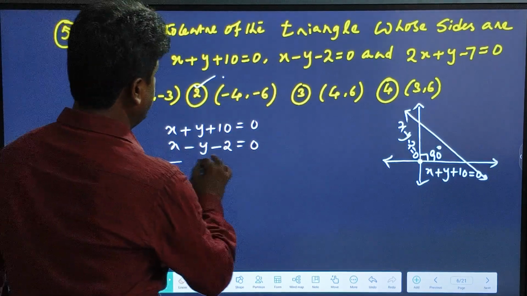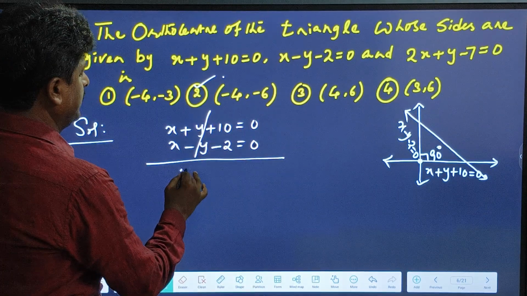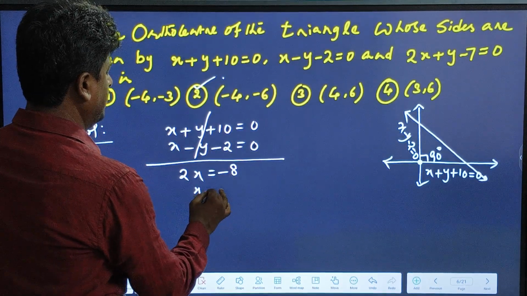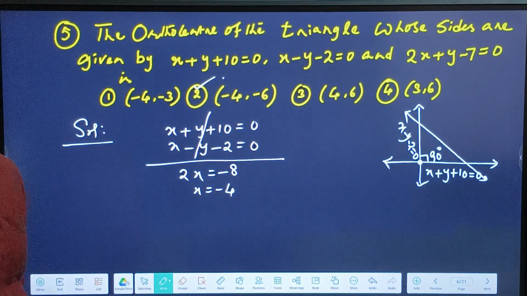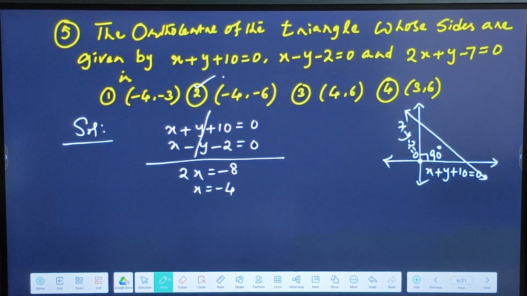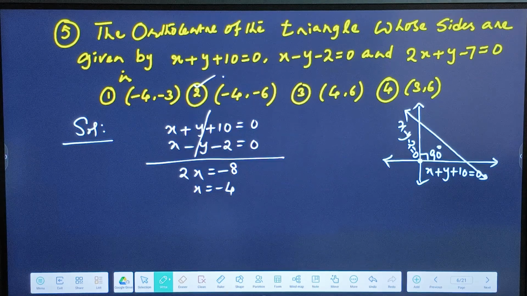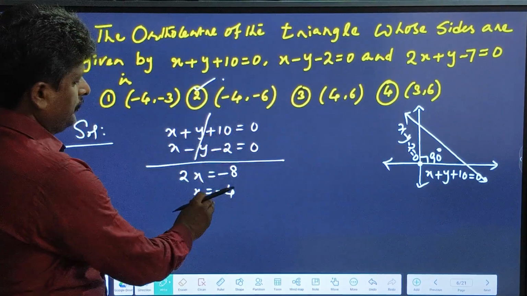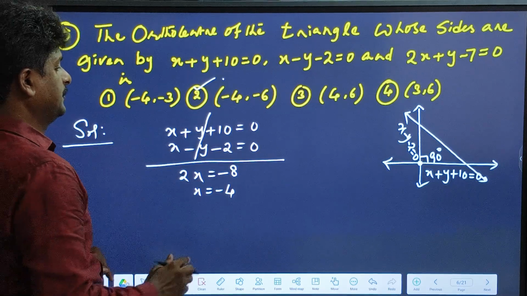Even by solving, we get 2x plus 8 equals 0, x equals minus 4.